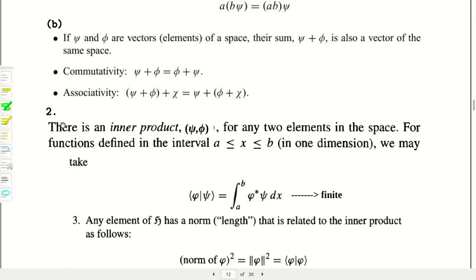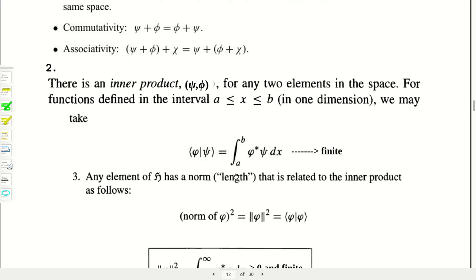The second property is the inner product. The inner product of two vectors, that is two functions psi and phi, is defined as the integral of phi star psi dx in the interval a to b, because the lower limit of x is a and the upper limit of x is b in a one dimensional calculation.